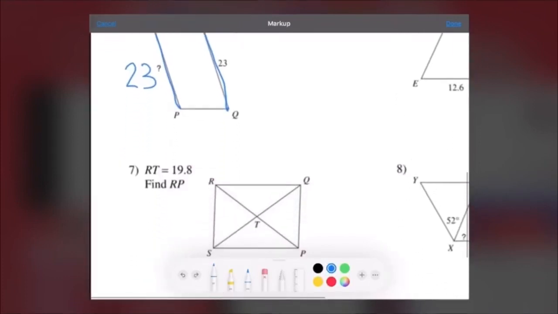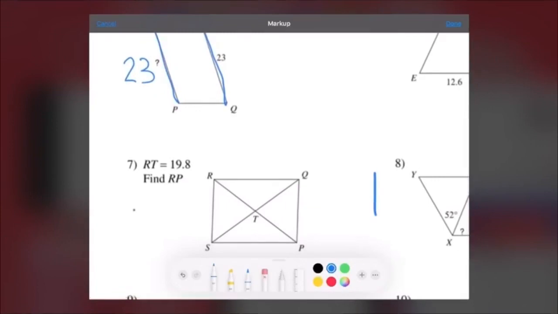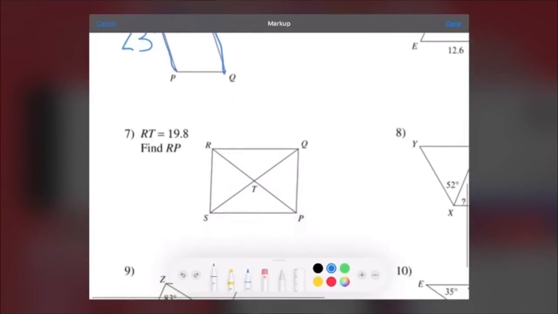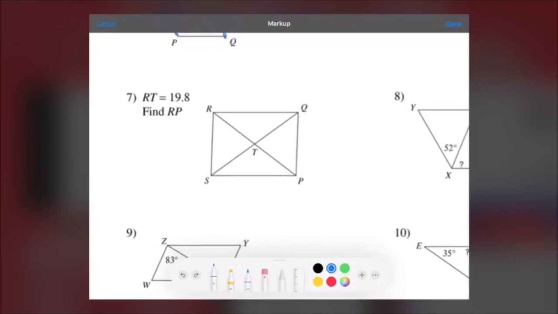Alright, let's move on to number 7. Alright, number 7 says RT, which is this, is 19.8. And we want to find RP, which is this whole thing. So, in properties of parallelograms, we know that diagonals bisect each other.